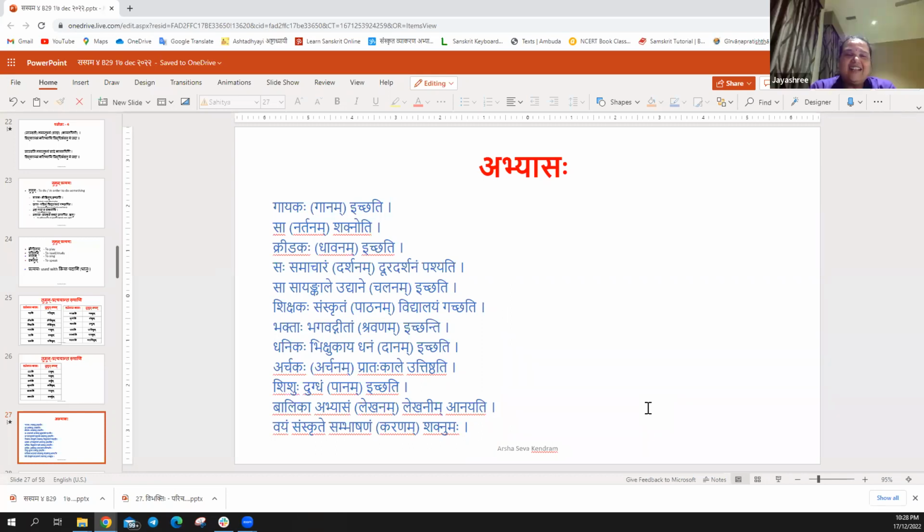Dhanikaha is a rich man. The rich man wants to give gifts. Dhanam is money. And bhikshukaya means a beggar. To the beggar.